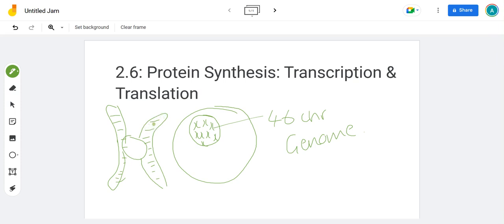This gene might be the instructions to make a protein that determines the shape of your nose. This gene might be the instructions that codes for a protein that forms the hemoglobin for your red blood cells, etc. So we only want one little stripe off one chromosome to be transcribed at a time.